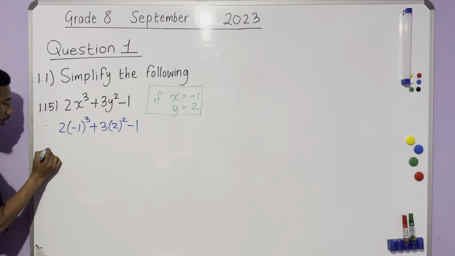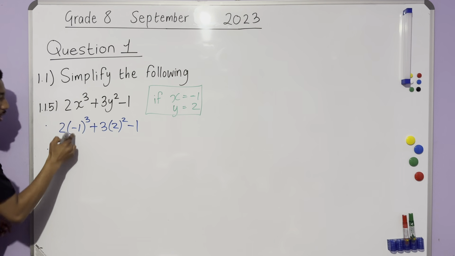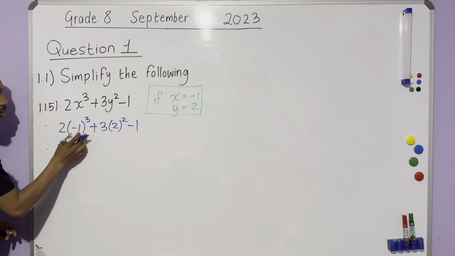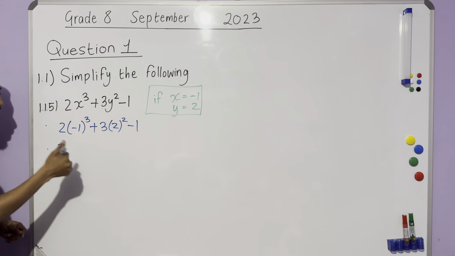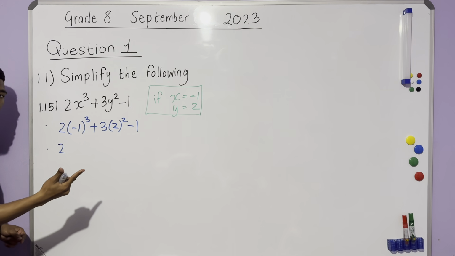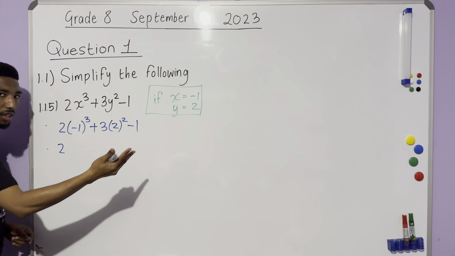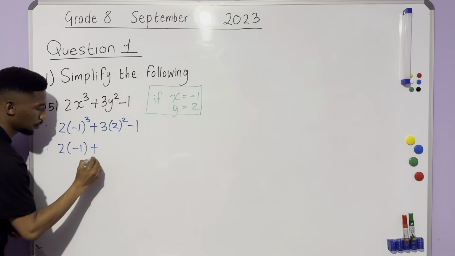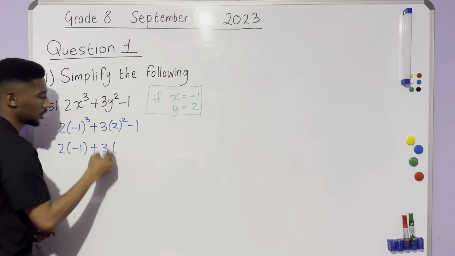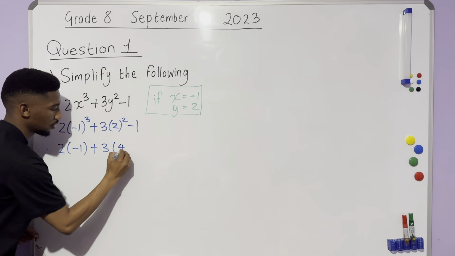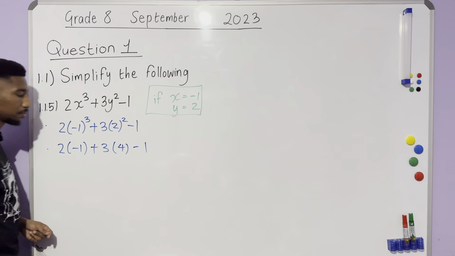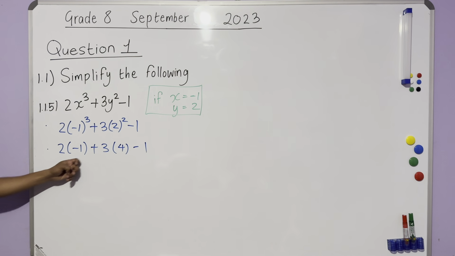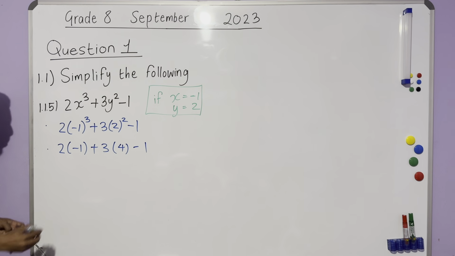Then we simplify the bracket. -1 to the power of 3 is -1 times -1, which is 1, times -1, which is -1, plus 3 brackets 2 squared is 4 minus 1, and then the number outside the bracket we're going to multiply.